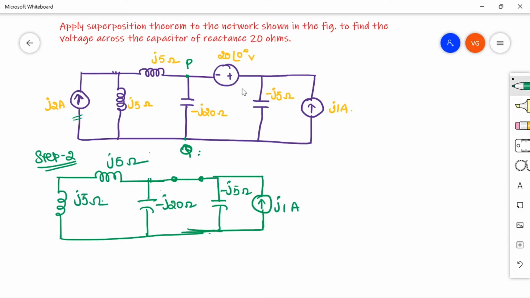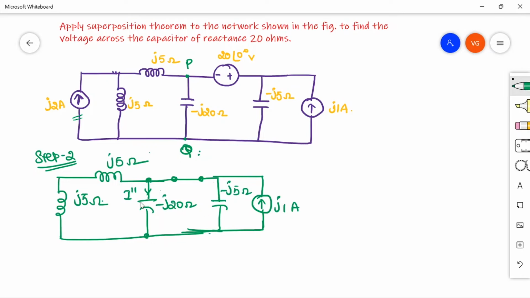So we have to find out the current. Let us call this I double dash, because of the second source we are finding out. So we have to find out I double dash, that is the current that is flowing through minus j20 ohm because of j1 ampere. So if you observe, this is so simple now. You have this j5 and j5 in series, right? So that will be j10. So this j10 ohm and this minus j5 are in parallel.